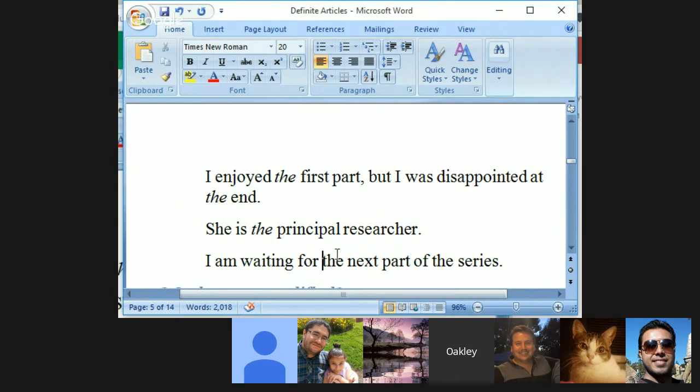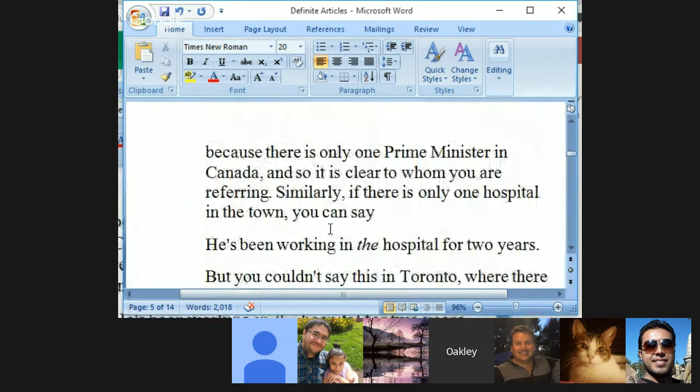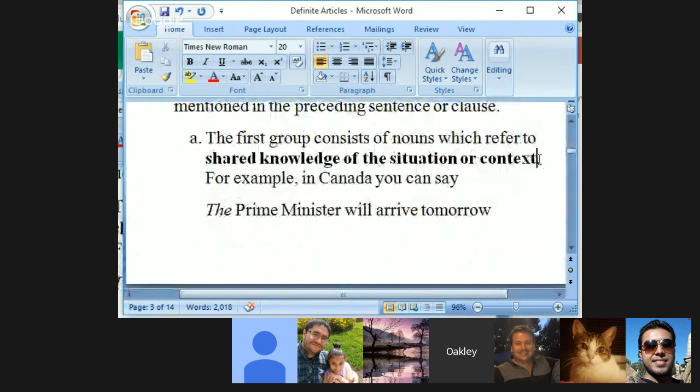So again, these three reasons kind of cross over. It's unique, but also, you're assuming that your listener knows about the part you just saw, the shared knowledge of the situation. You could assume that the person has seen the latest Mission Impossible movie.